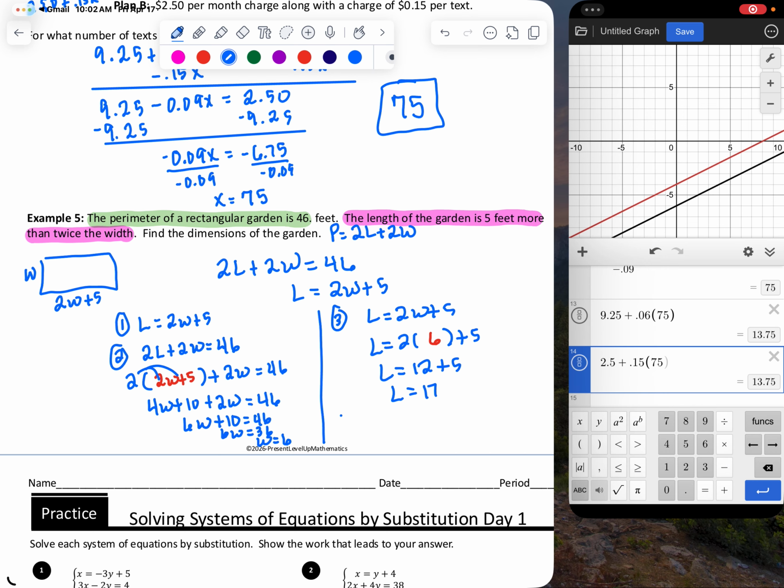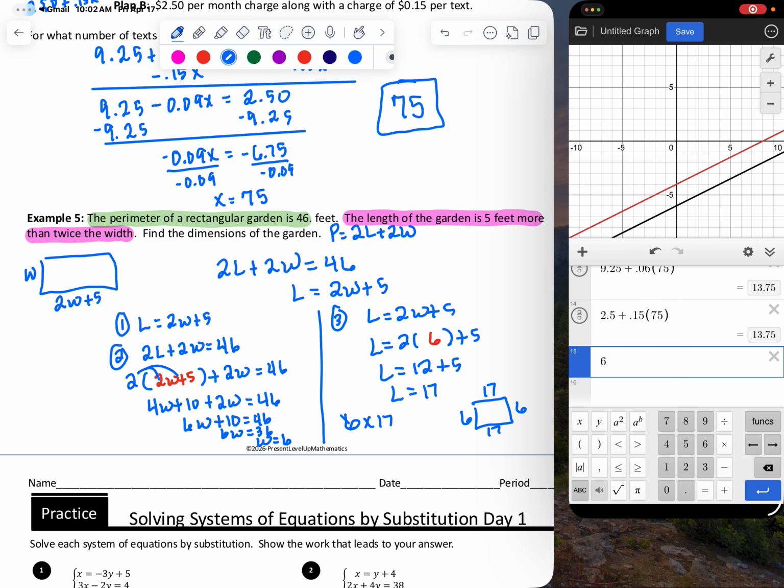So this is a 6 by 17 rectangle. Now, here's how I'm going to check that. I'm going to put 17, 17, 6, and 6, and then add that up. 6 plus 17 plus 17. And it does give me a perimeter of 46, which is what the original problem said. So this is a 6 by 17 rectangle.